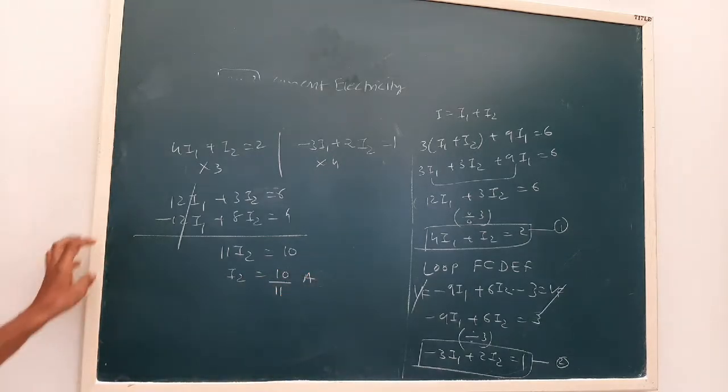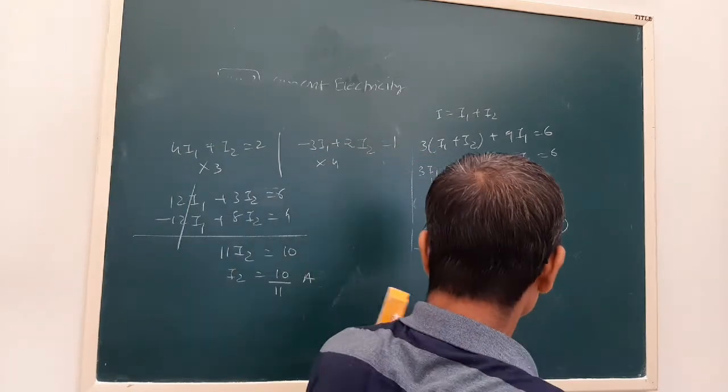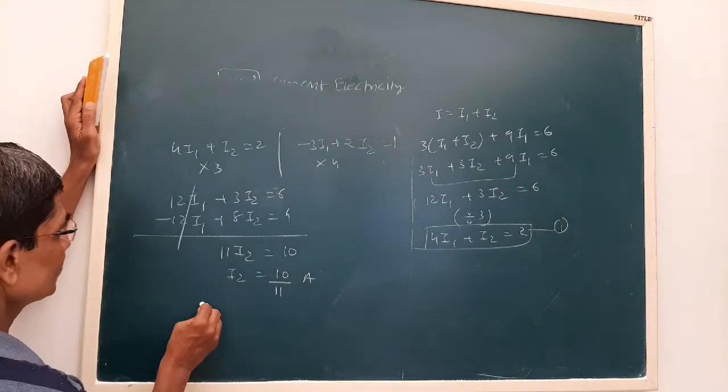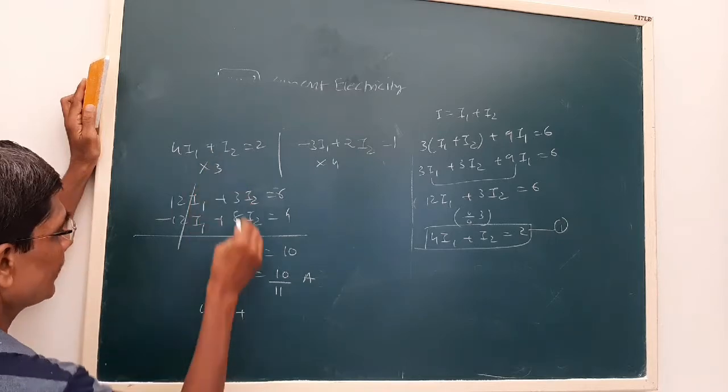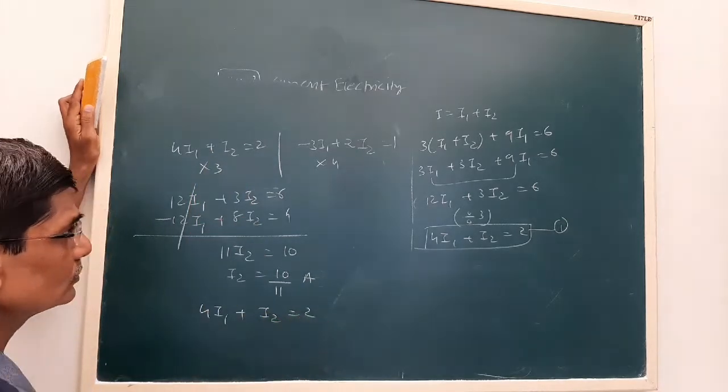Now you have got the value of I2. We can substitute it in any one equation. So this is 4I1 plus I2 is 2.